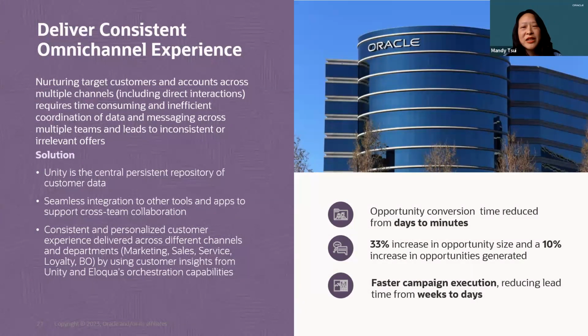What Oracle was facing is that it was really time consuming and it was taking a lot of time from different teams and coordination to manually put together the process to nurture and target the customer and accounts across multiple different channels. And even with all of this effort and time that was put in, unfortunately, we were still seeing inconsistent and irrelevant offers being delivered to customers.